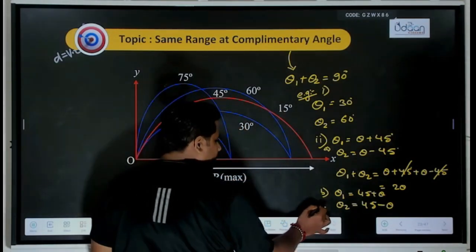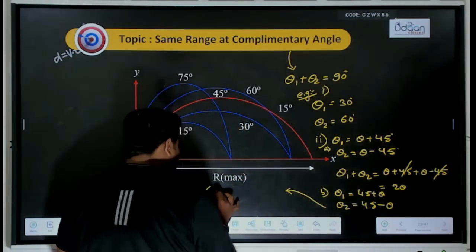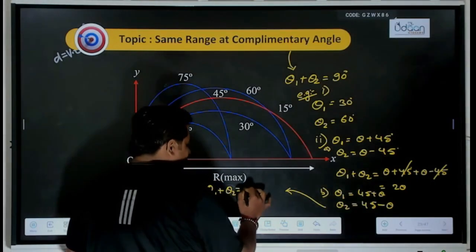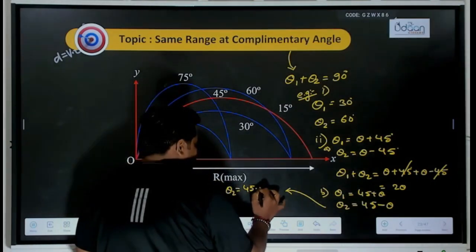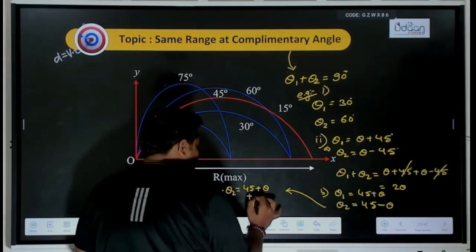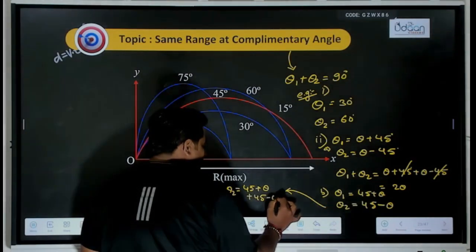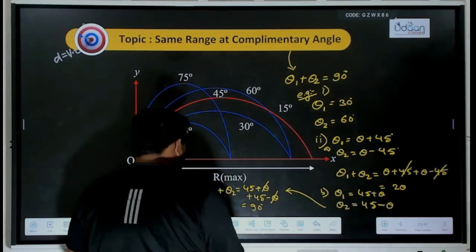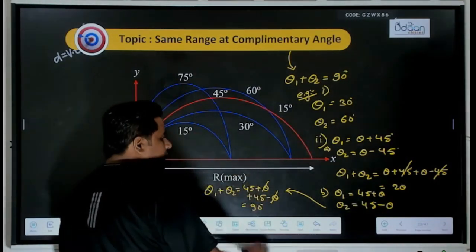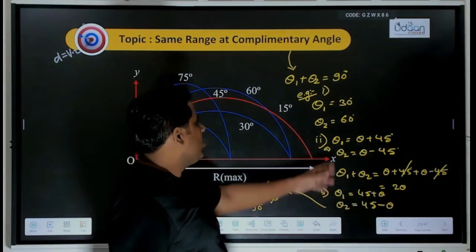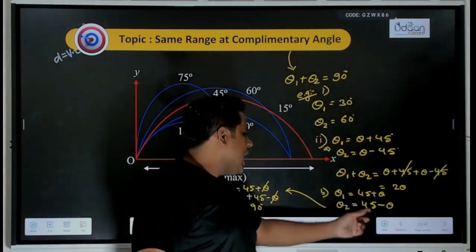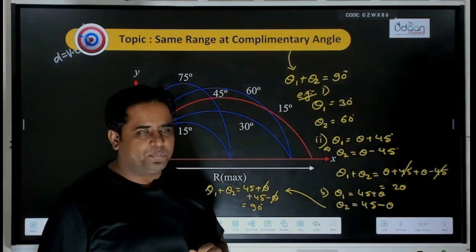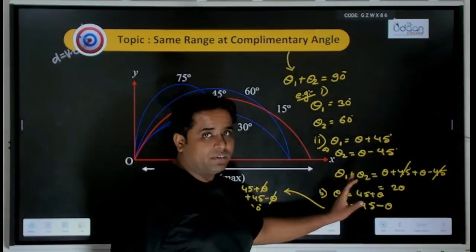So again I am just going to add it up, theta 1 plus theta 2. 45 plus theta plus 45 minus theta will result into the value of 90 degree, and so we can say as the result is 90 degree, this is complementary angle, and so at these two angles the range will be same. But in this case it was not.